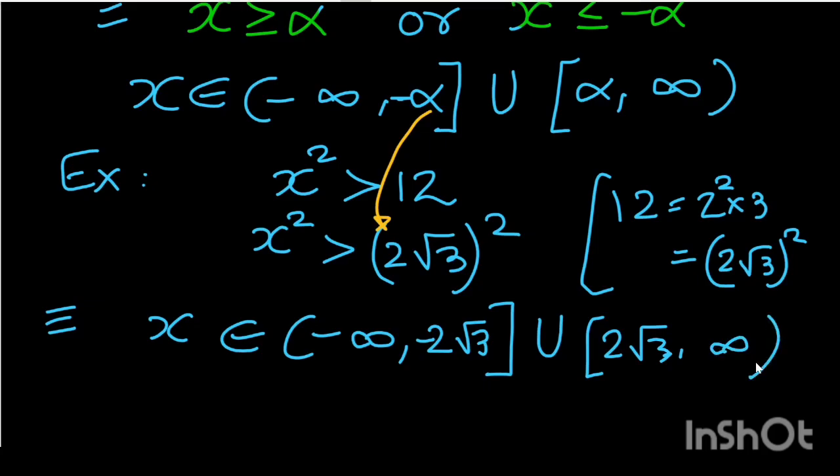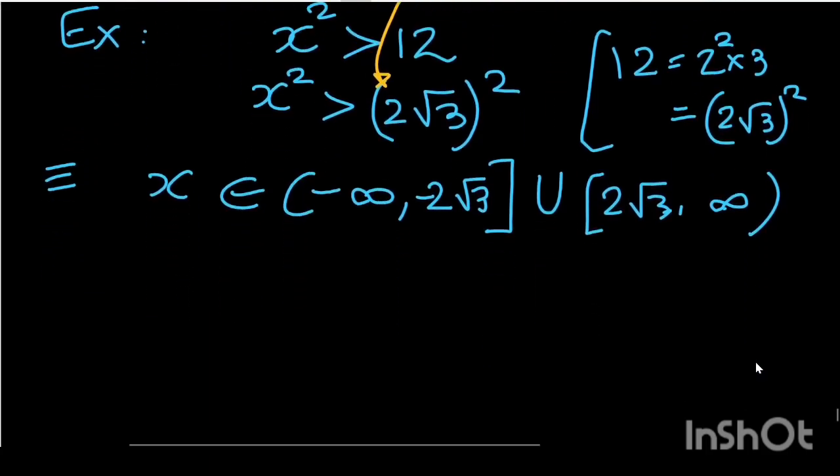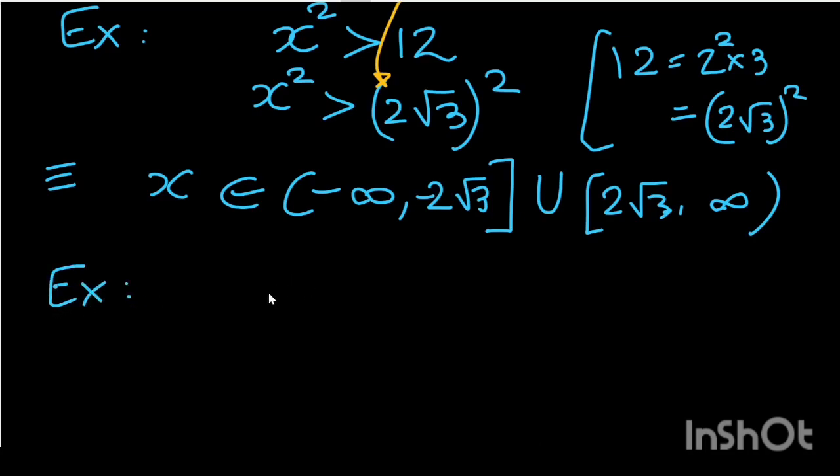Okay, now what about when instead of 12 it is, let's say, some negative number, like for example x square, before taking 12, what if it is 0? So alpha is 0 in this case. So this is an identity, guys.